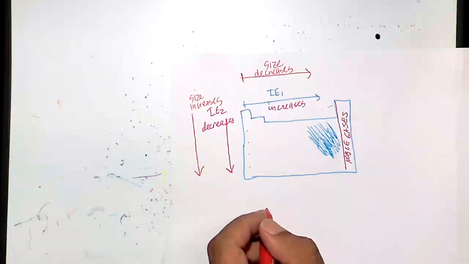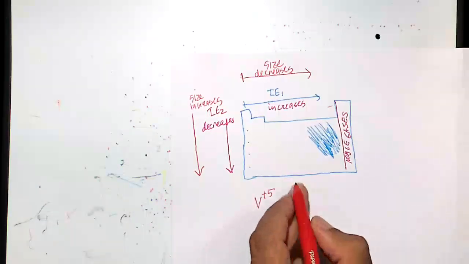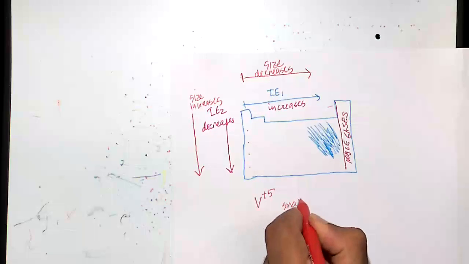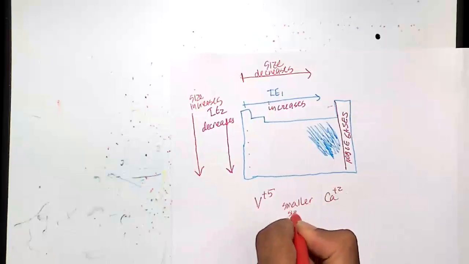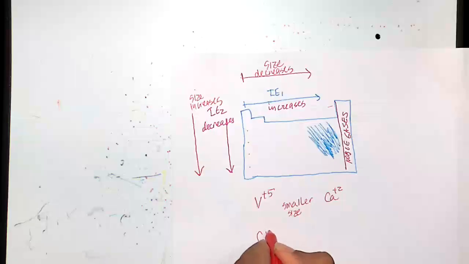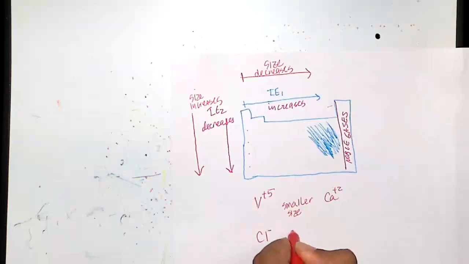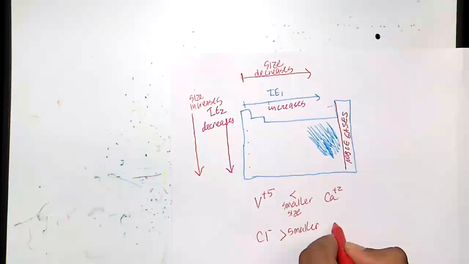Okay, ionic radius. Obviously something that's going to lose 5 electrons would be smaller than something that loses 2 electrons, like calcium ion, because this loses 5 electrons, right? And something that gains 2 electrons would be smaller than something that loses or gains 1 electron.